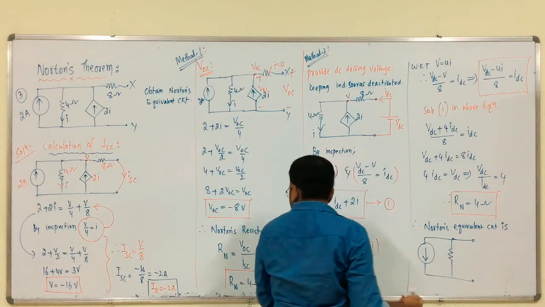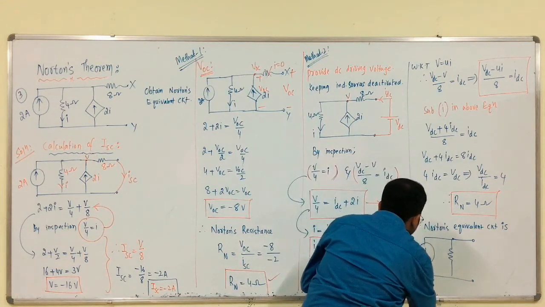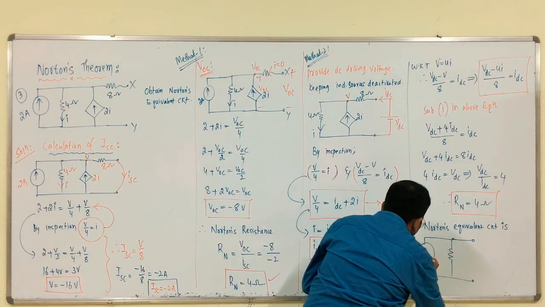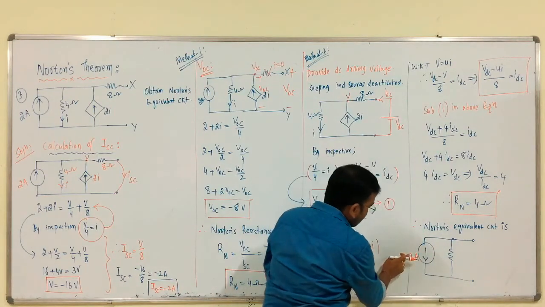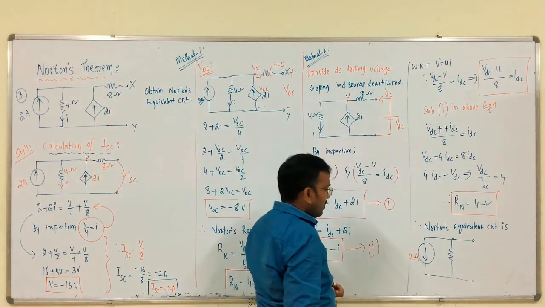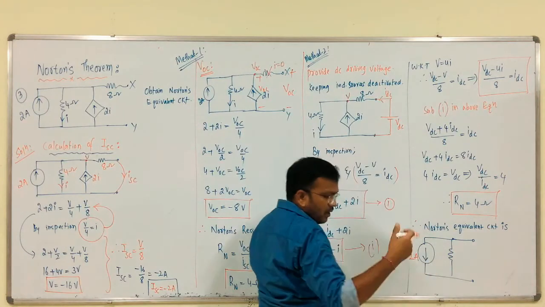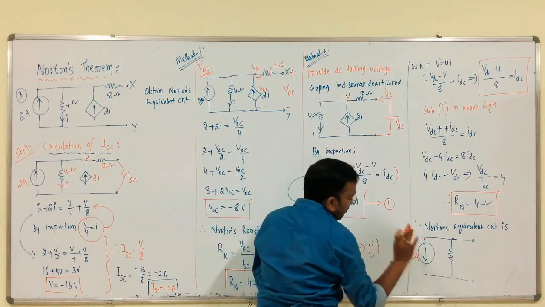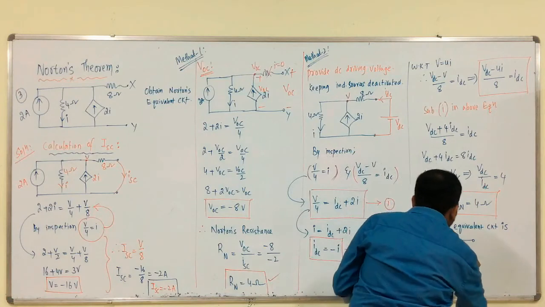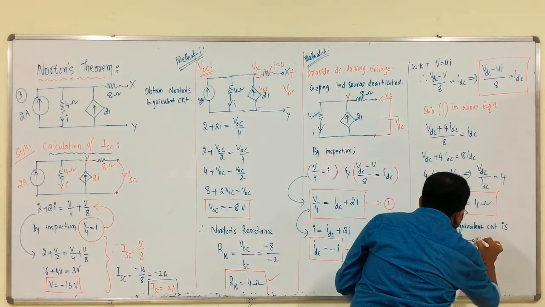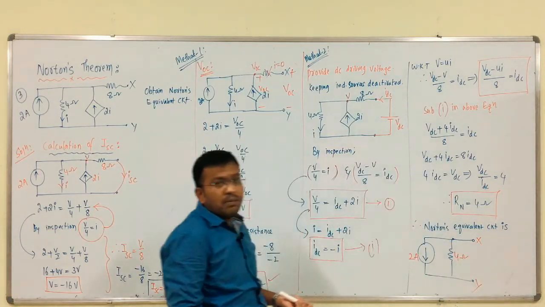So, not minus, this is plus only. Already we have represented it in the downward direction, right? That is why it is 2 amps only. Next Rn, Rn is 4. This is X, this is Y. That is it, the problem is over.